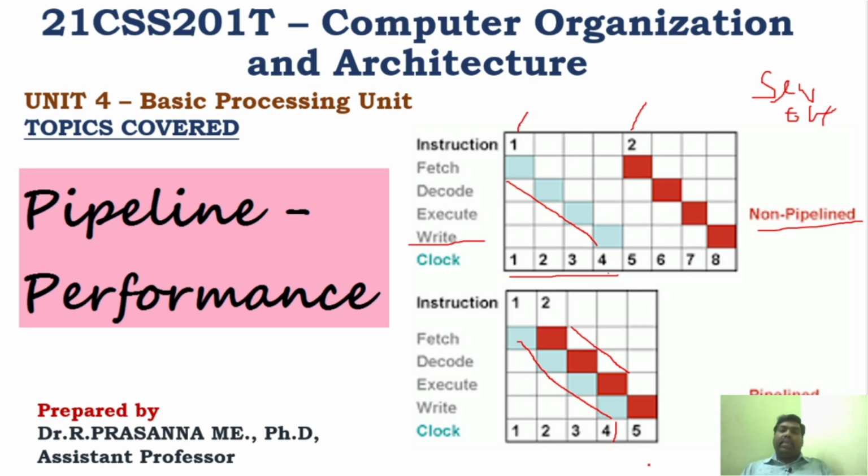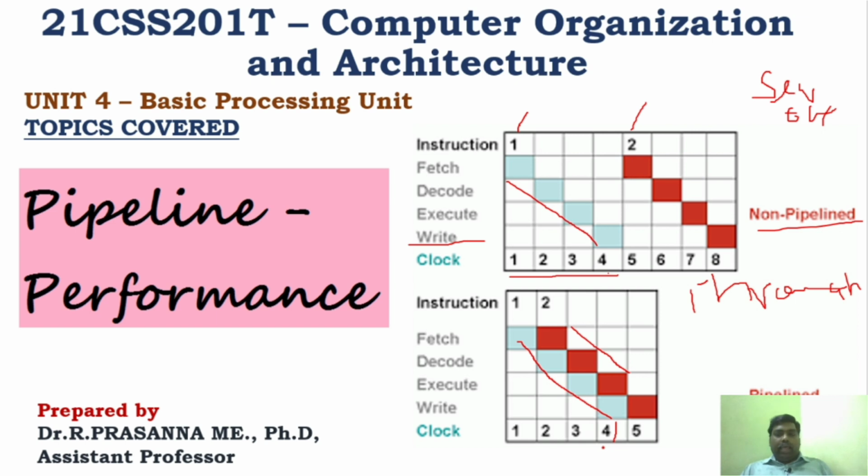That is why pipelining is important for the processor. Pipelining will not make a single instruction execute faster, but it will improve the throughput of the processor, that is, the number of instructions executed per unit time. At the end of the 4th clock cycle, here only one instruction is executed, but here 2 instructions are almost completed.